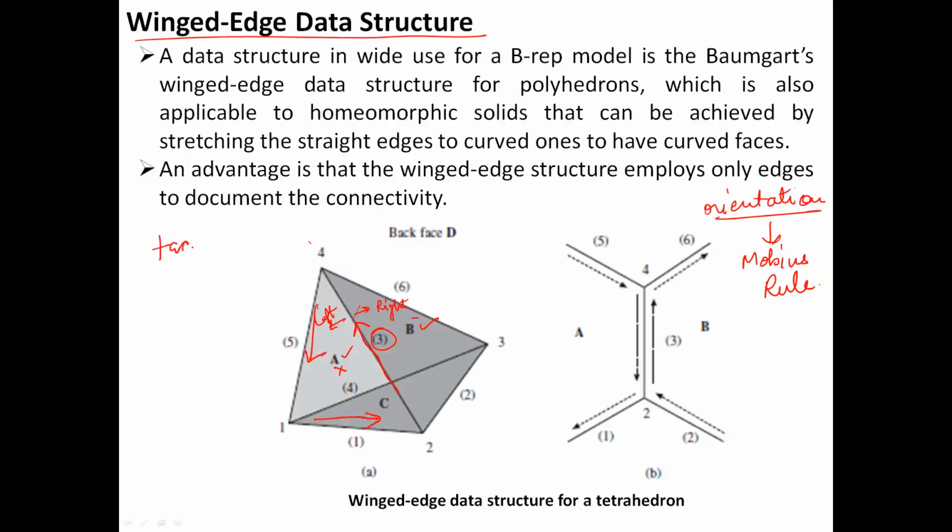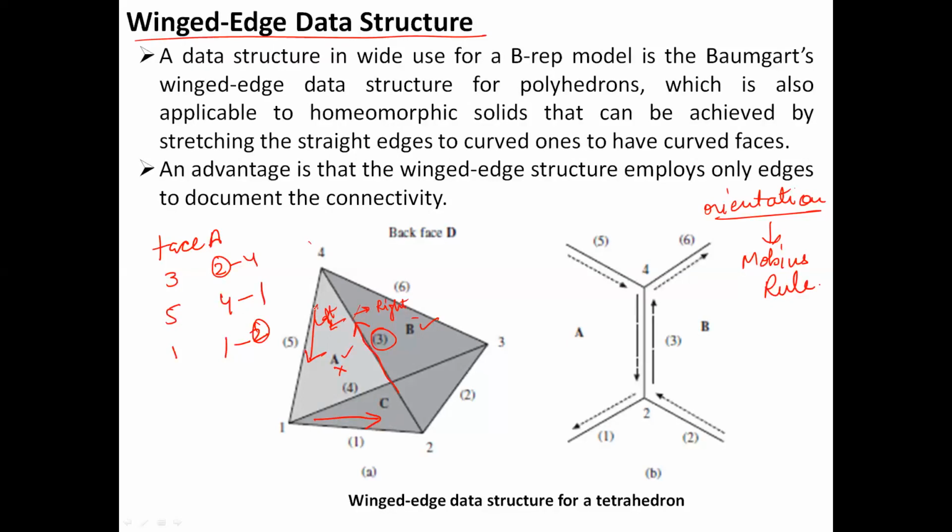Because face A is going to be created by which edges? 3, 5 and 1. So 3 is connected between 2 and 4. What is 5? 4 and 1. And what is 1? Since this is the first edge and this is the last edge, the loop is completed. So this is the orientability. Understood, everybody?